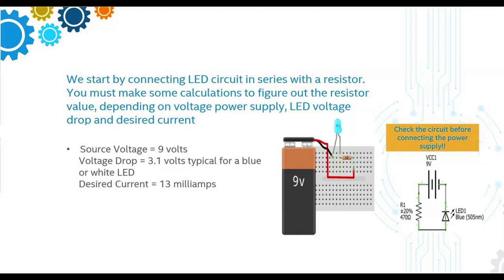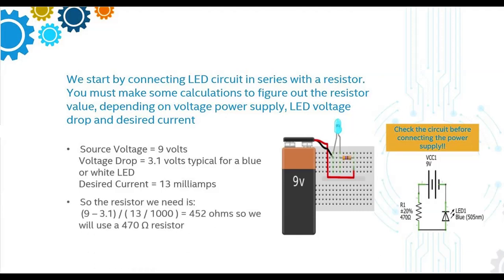The desired current required is 13 milliampere. We can calculate the value using Ohm's law: 9 minus 3.1 is the voltage, V by I.